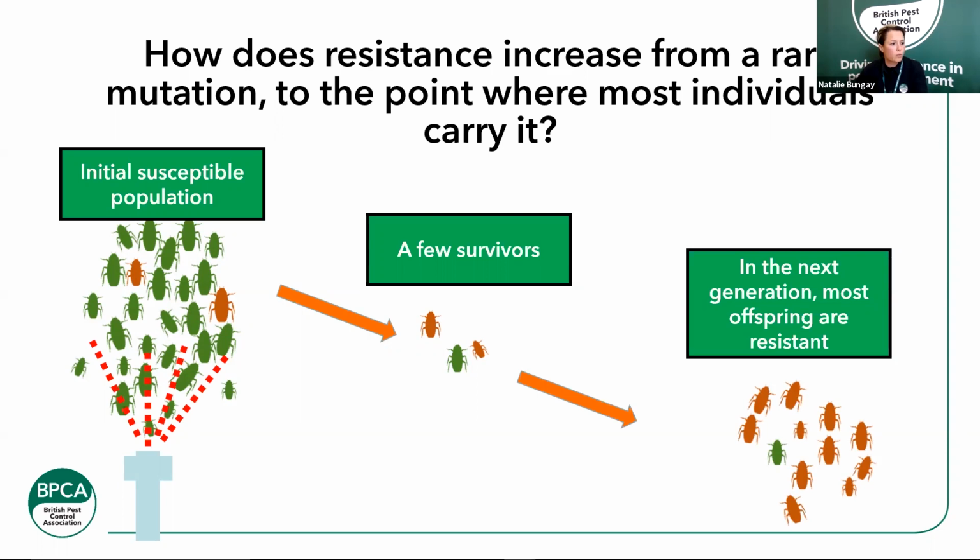So you started off with maybe a 95% kill rate and 5% are resistant to your product. You kill that 95%, the 5% that's left over are resistant to your chemical, and then give it a few weeks or months, and you've got a whole generation, a whole population of offspring that are resistant.